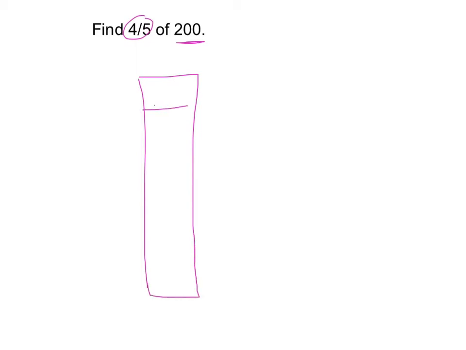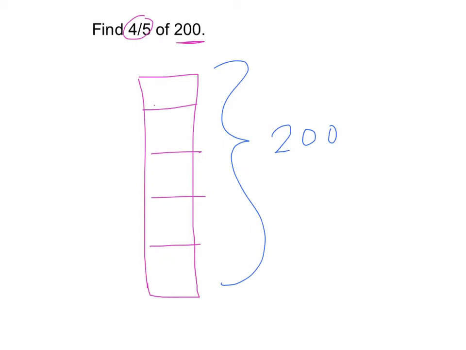What was also on the last screen was that they had a goal, and they were talking about finding a certain fraction of a goal. We've seen this with the fundraising thermometers, so I'm going to break this into fifths. If this whole thing is 200, and I want 4/5 of it, I first want to find out how much each section is worth. Because there are 5 sections, I can divide the 200 by 5 to get 40.